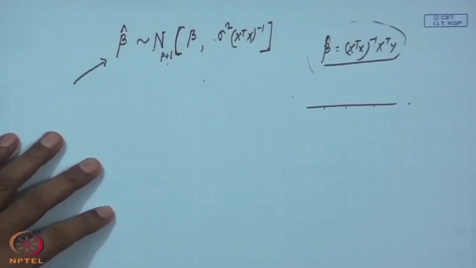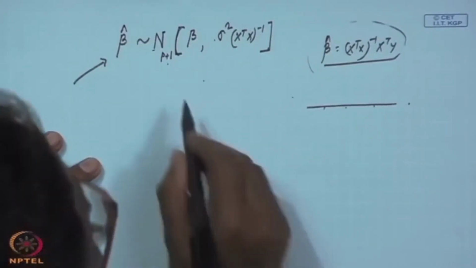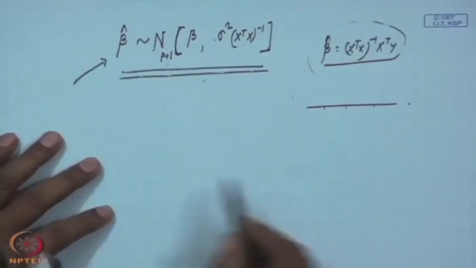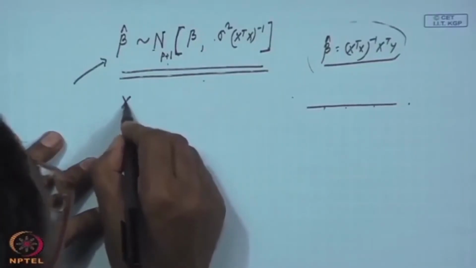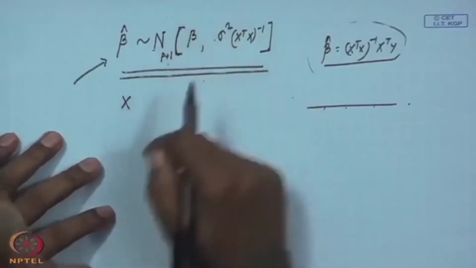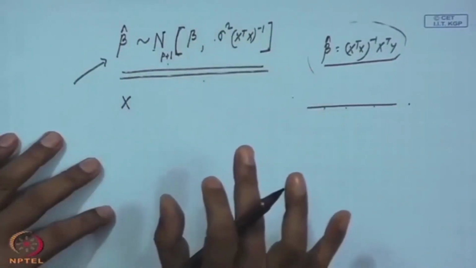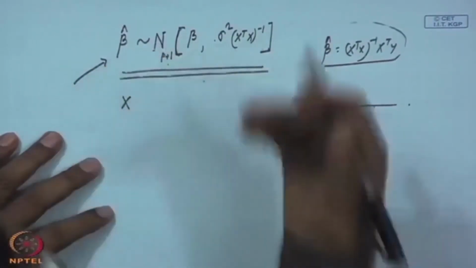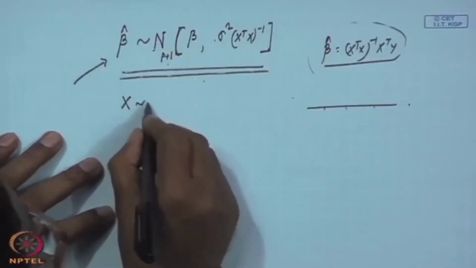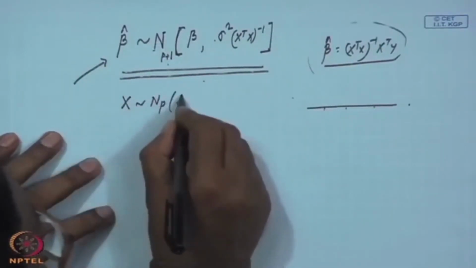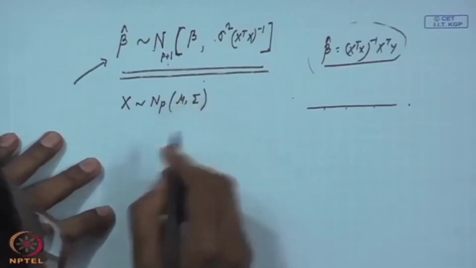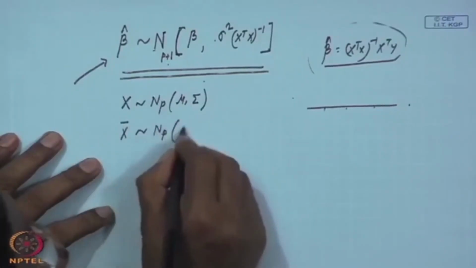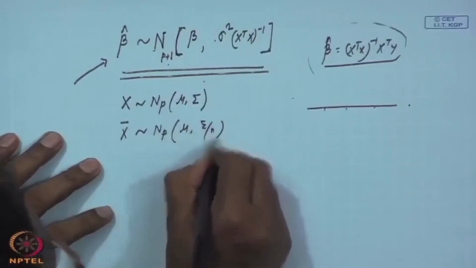Now, if this is the case, we will go back to some earlier lectures, not a one to one relation, but to get some clue related to beta for some more derivation. We have seen that suppose x is multivariate normal with mu and sigma, then we calculated x bar, and that one is also multivariate normal with mu and sigma by n.